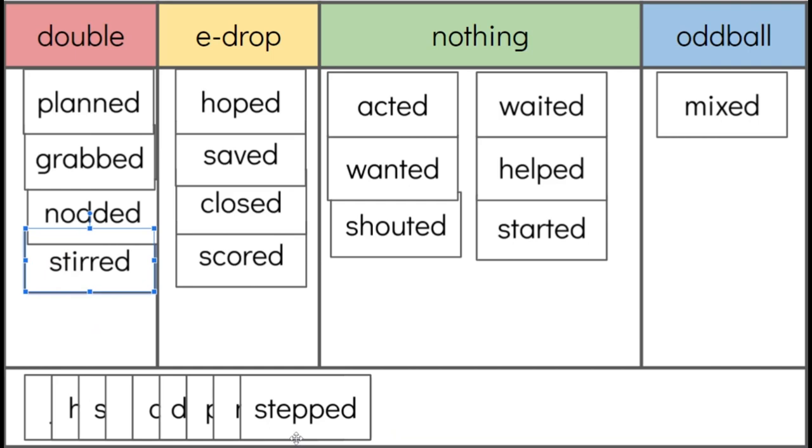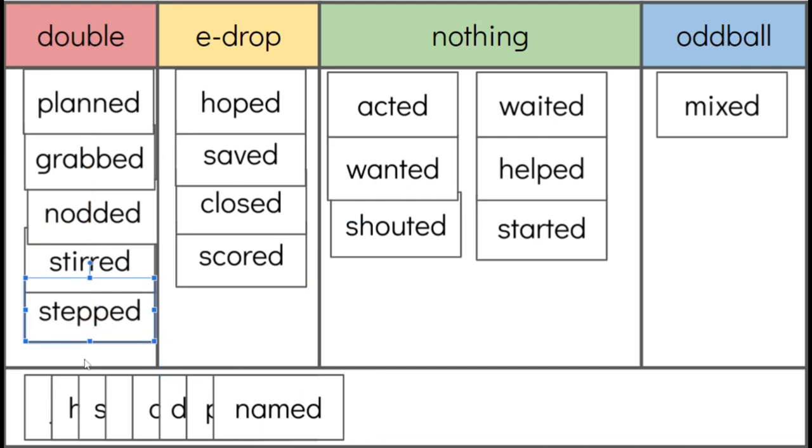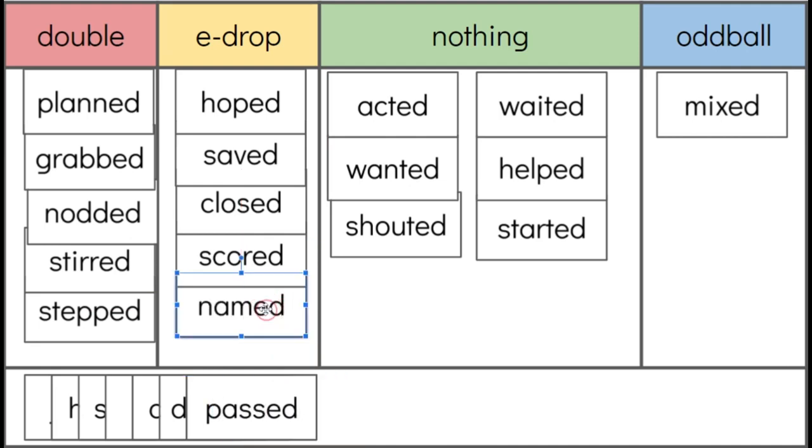Stepped, root word here is step, S-T-E-P. The final three letters follow that consonant vowel consonant pattern, so we double the P before adding the ED. Named comes from the root word name. Name ends in that silent or magic E, so we drop it off to add the ED ending.